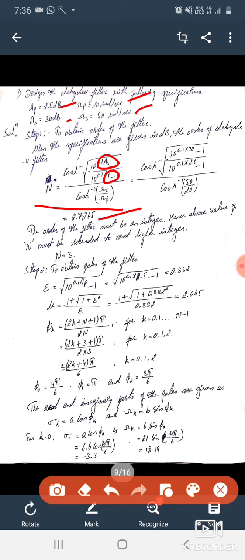When you choose your order, you have to use the higher value. Okay, for that reason n is going to be 3.